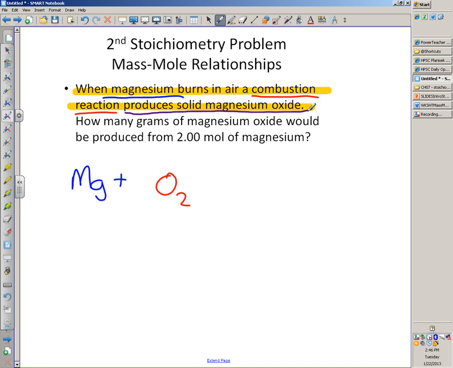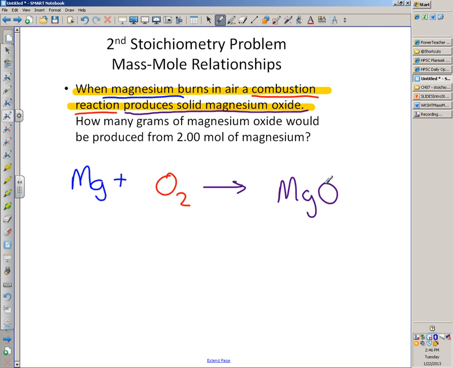It produces solid magnesium oxide, so magnesium oxide is the product. Based on where magnesium and oxygen are on the periodic table, that's the formula for magnesium oxide. Does that make sense?